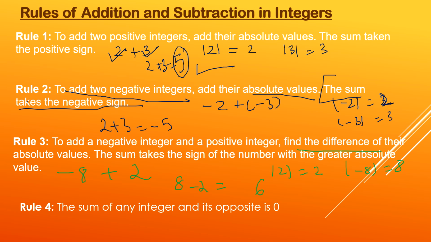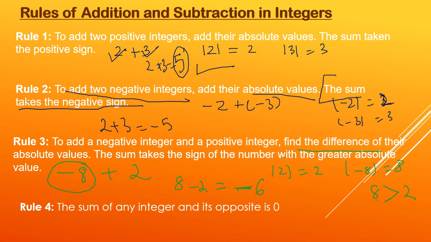The sum takes the sign of the number with the greater absolute value. The greater absolute value is 8 here. You see 8 is greater than 2. But 8 is having minus sign. So your final answer will be the minus sign here. This is what they mean here, that the sum takes the sign of the number with the greater absolute value.